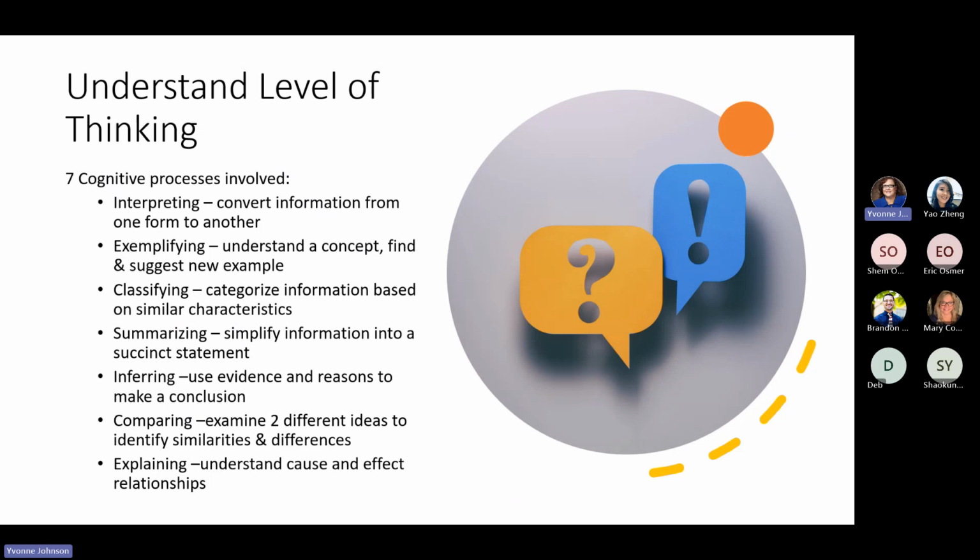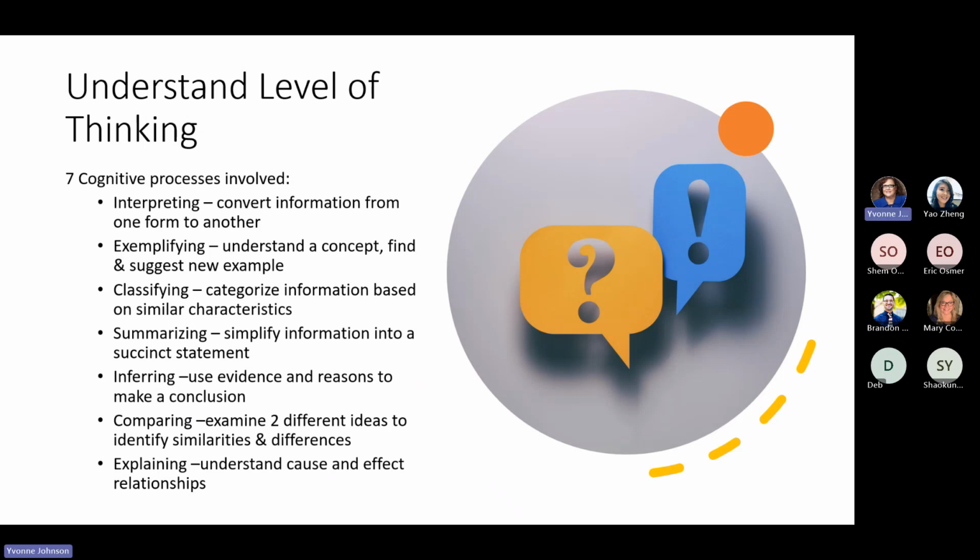There's different cognitive processes involved. So the way I use these slides, I have charts, and I'll say, okay, they're really at the understand level now. So do I want them to interpret the information? Do I want them to infer and use different types of evidence and reasoning to make a conclusion? Do they need to be able to explain causes and effects and things like that?